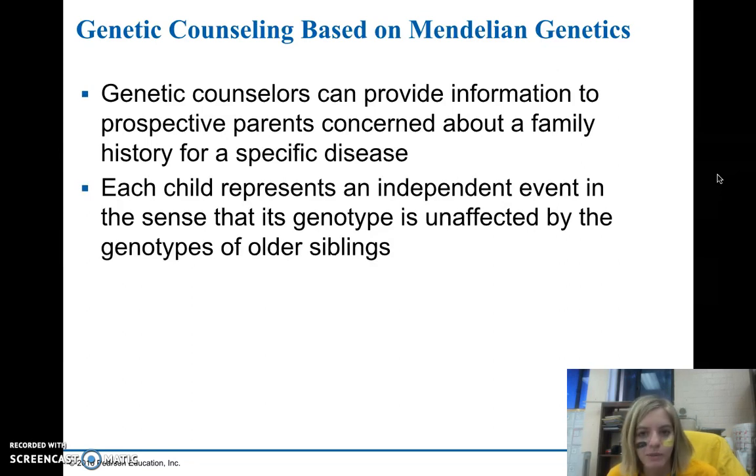Since each child represents an independent event, meaning that their genotype is in no way affected by the genotypes of the older siblings, every time you have a new zygote, remember that it's random fertilization. Any sperm can be with any egg, and those chromosomes have independently assorted and separated independently. So just because you have a child with the disease doesn't mean if you have another child, they won't also have the disease.